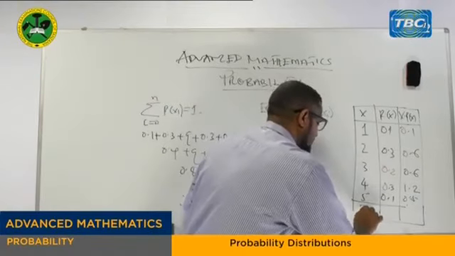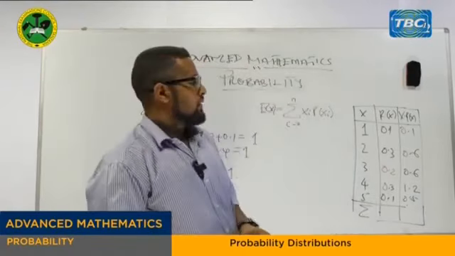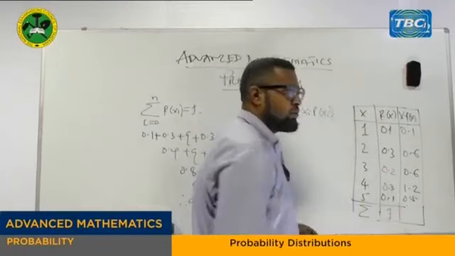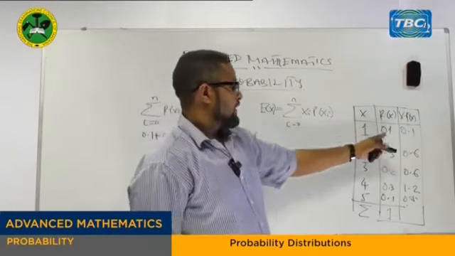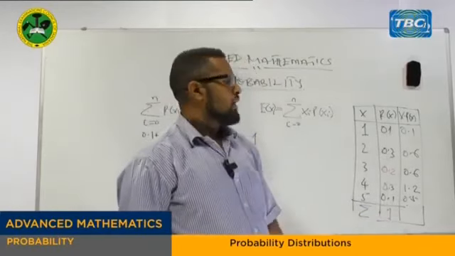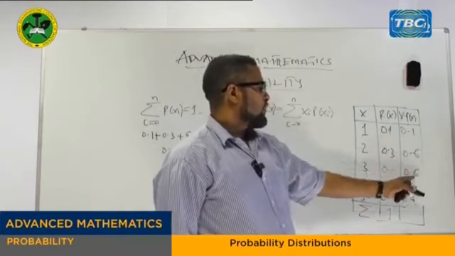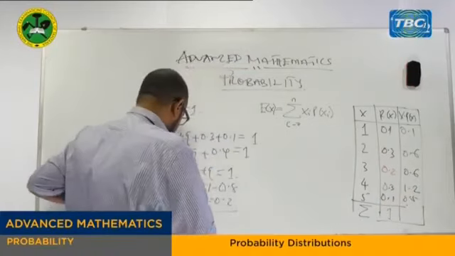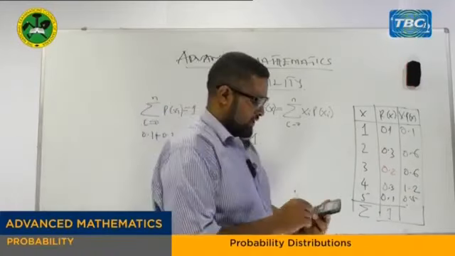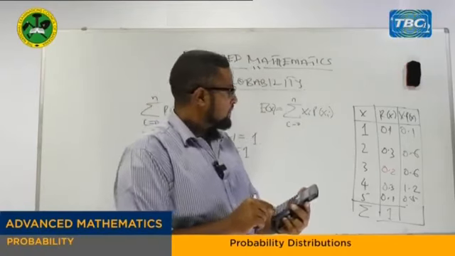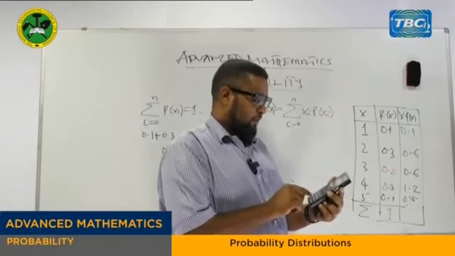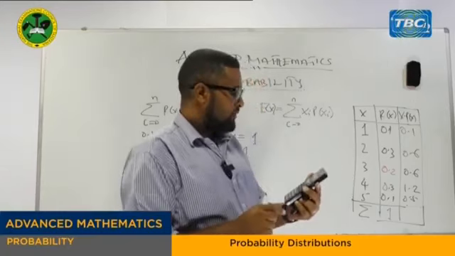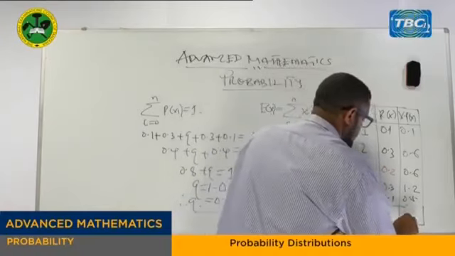Then you can add the summation symbol. Under the probability column, the summation will give you 1. You can use a calculator to check and see that you get 1. Now let's add together 0.1, 0.6 up to 0.5. What will be our final summation? 0.1 plus 0.6 plus 0.6 plus 1.2 plus 0.5 equals 3.